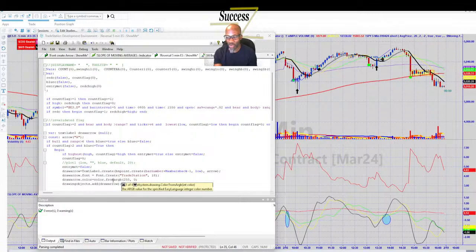It'd be 0 of red, 0 of green, 150 of blue? That seems like a light blue. So lighter, let's go lighter. Let's go 50. What? Color dot from ARGB is actually staying black.